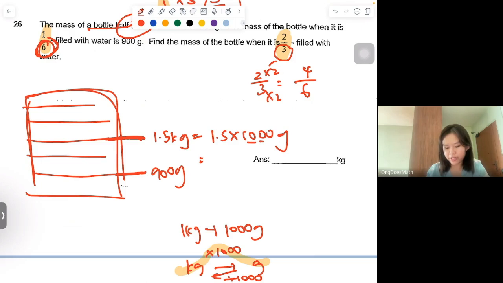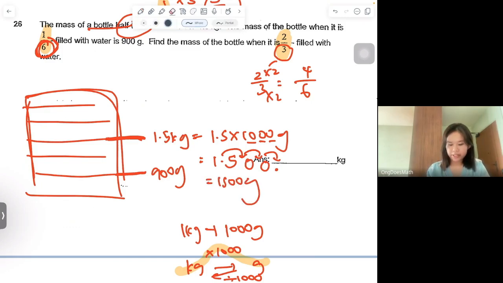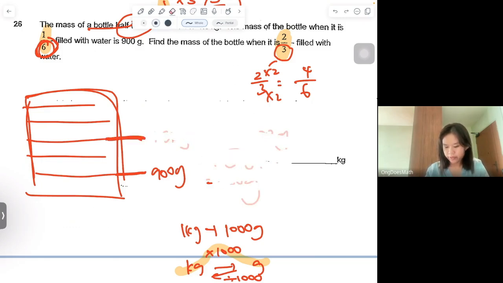There are 3 zeros here, so you'll move the decimal point to the right 3 times: 1, 2, 3. Fill up the zeros. So it's 1500 gram. I will just erase things to make it less messy. So 1.5 kg is 1500 gram.